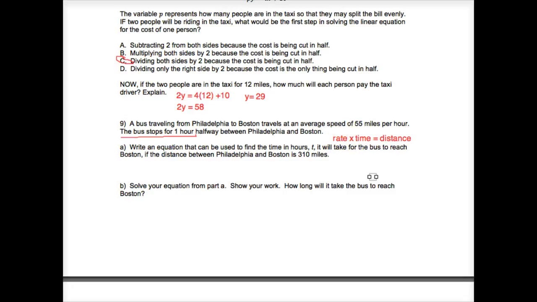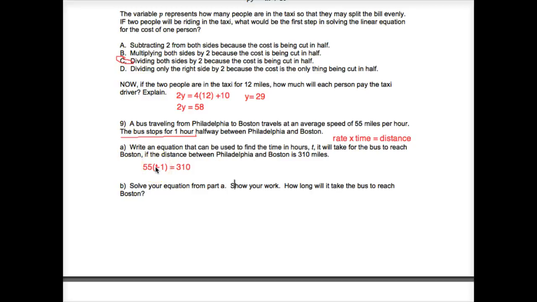So when I wrote my answer on the board, you'll notice, because I'm going to type it again here, it was 55 times t minus 1 equals 310. So the reason why this says t minus 1 is because if it were just t, that would just be the number of hours that it would take you to get there.